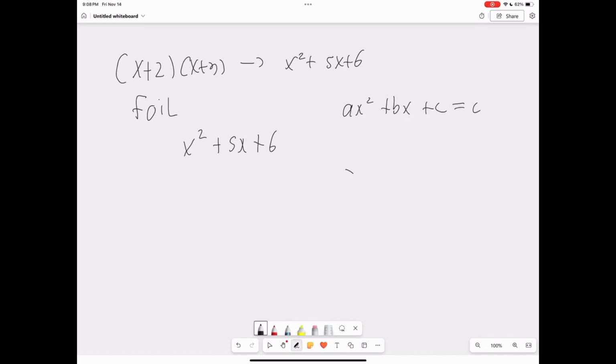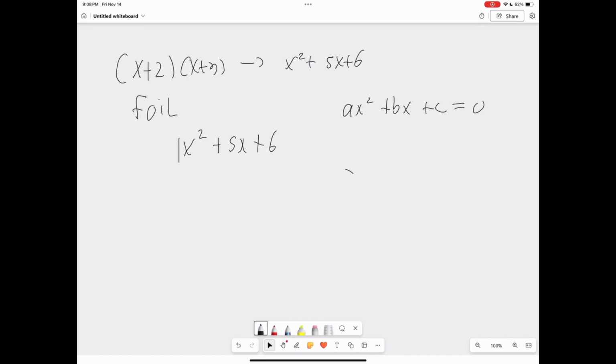Remember, when we factor, you have to set whatever we're doing equal to 0 so we can factor. And I'll get into the reason as to why later. Anyway, a, b, and c are all numbers. a and b are specifically coefficients of variables, and c is a constant. Here we have our a would be 1, our b would be 5, and our c would be 6.